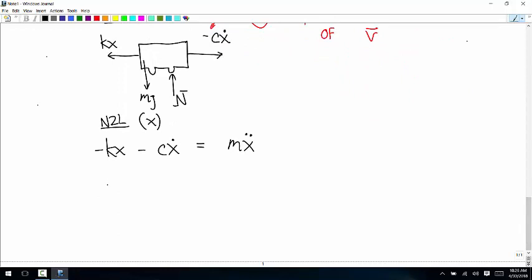So you can write this as x double dot plus c over m x dot plus k over m x is equal to 0.